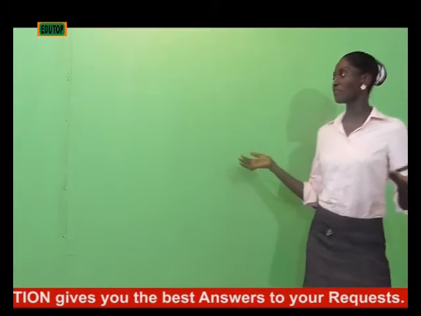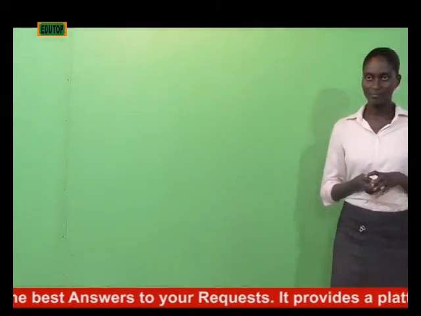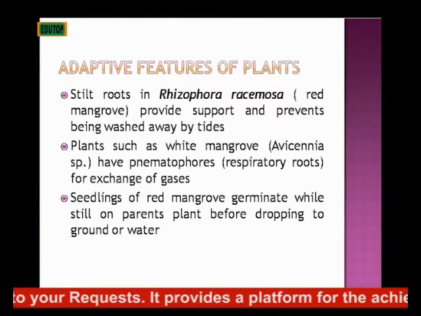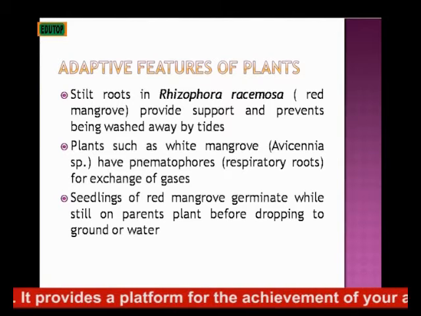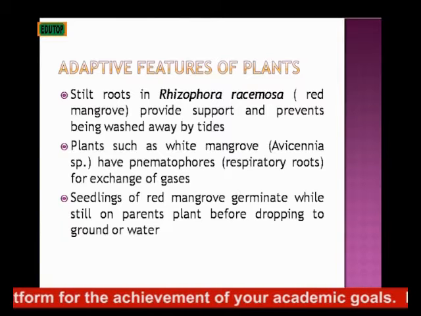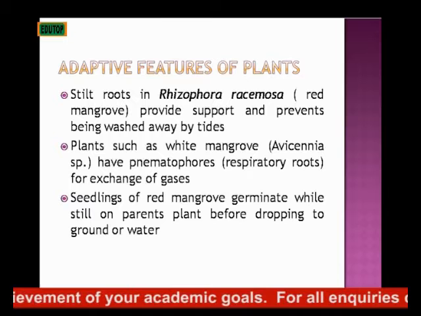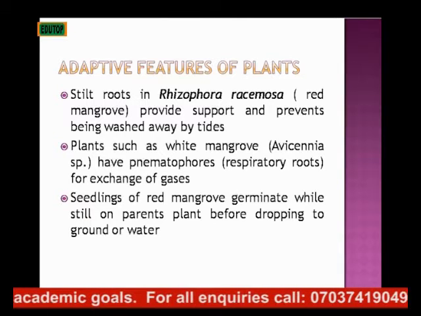So what are the adaptive features of plants in the estuarine habitat? The first is that they have stilt roots, as we have in Rhizophora racemosa. That's the red mangrove plant, Rhizophora racemosa. It has stilt roots which provide support and prevent it from being washed away by tides.